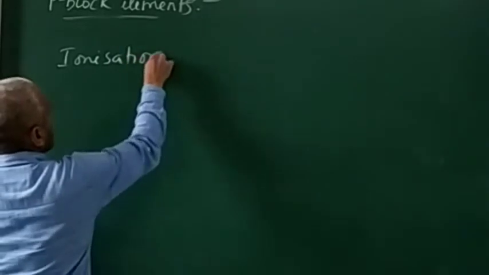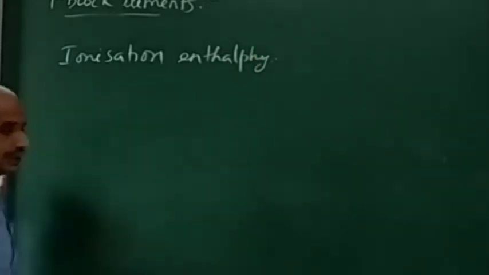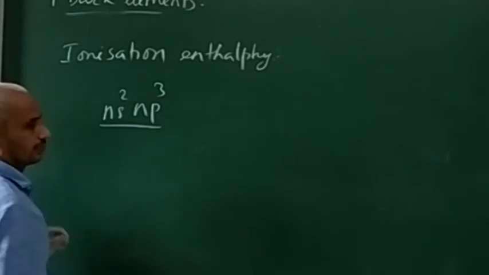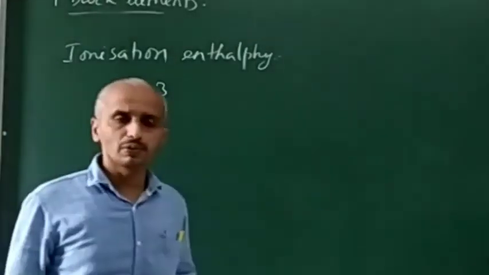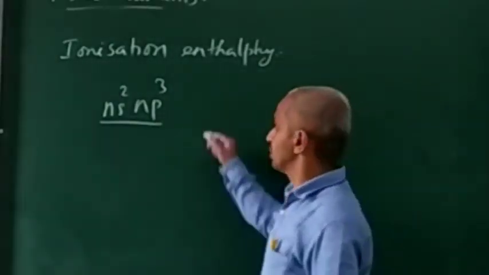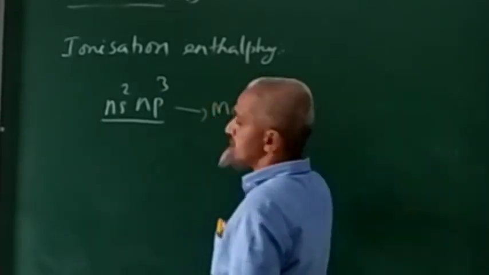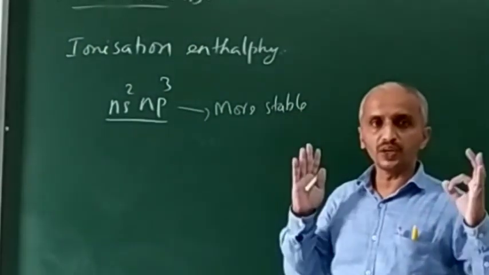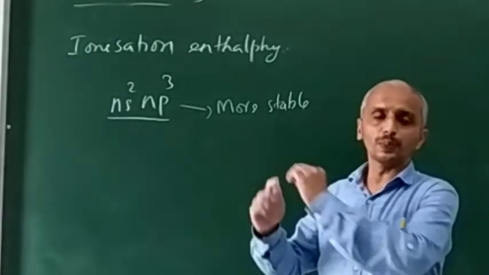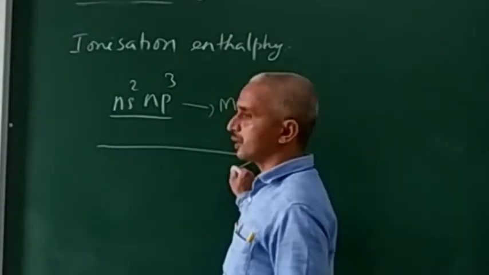Ionization enthalpy. See, nitrogen has ns2 np3 configuration. Means nitrogen family members have this configuration, and this is exactly half-filled configuration, so more stable. Means ionization enthalpy of the 15th group elements is relatively higher than 16th group elements also. Because along the period ionization enthalpy increases.